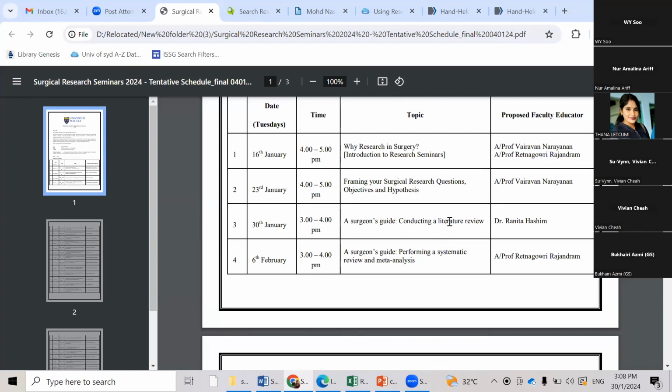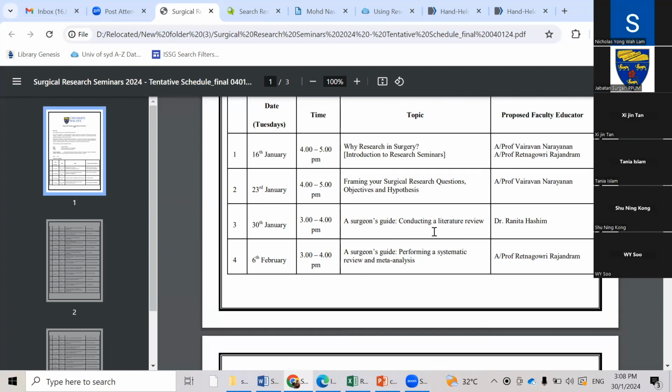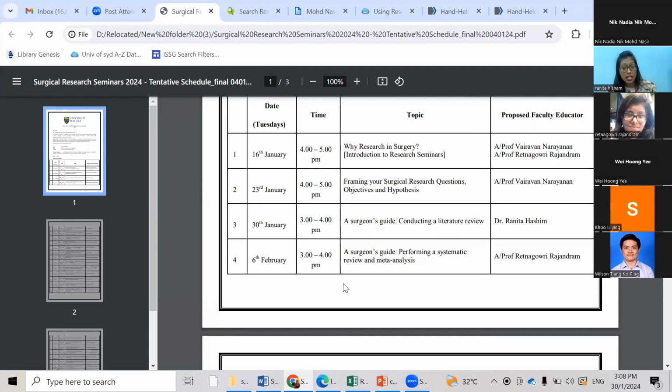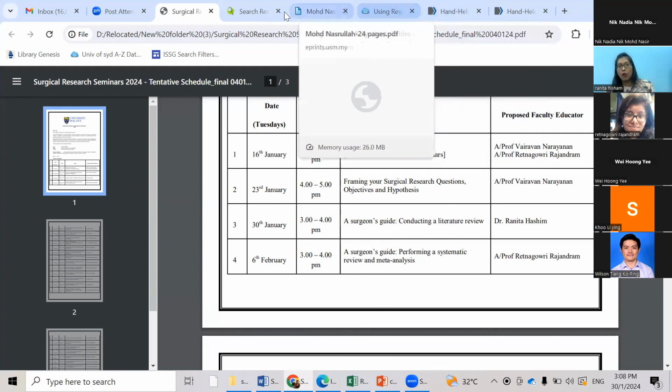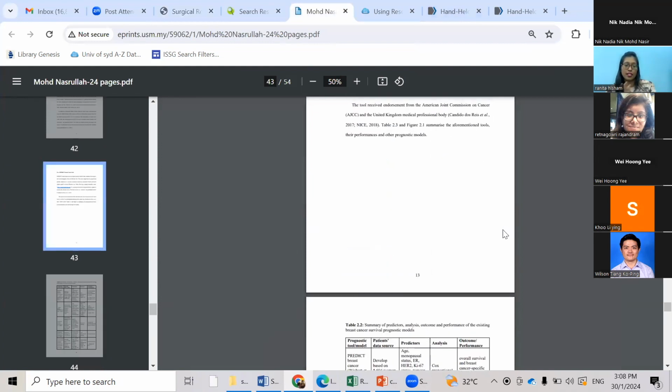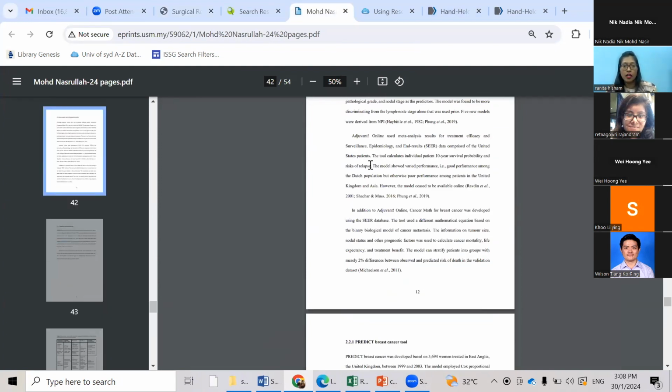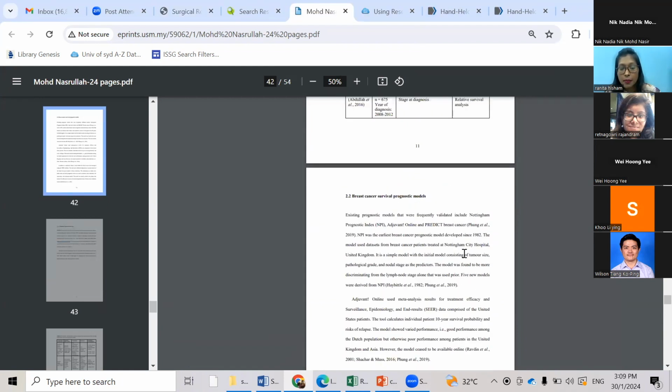Literature review is usually the second chapter, or if you are writing a thesis, your dissertation, it will be chapter 2. So how does it look like? We know what a literature review is, but when it comes to a thesis, for example, I'm just sharing this thesis here, an example of a thesis.